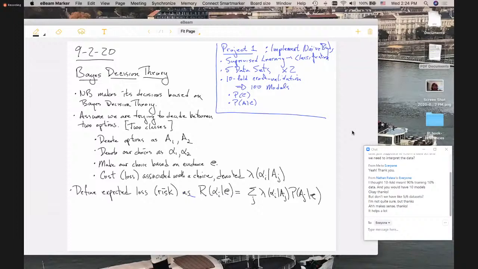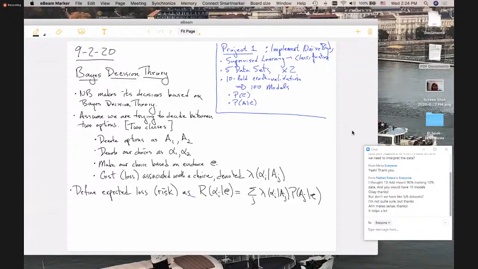All right, let me pause there for a second to see if there are any questions with the notation. Okay, I'm not seeing any.